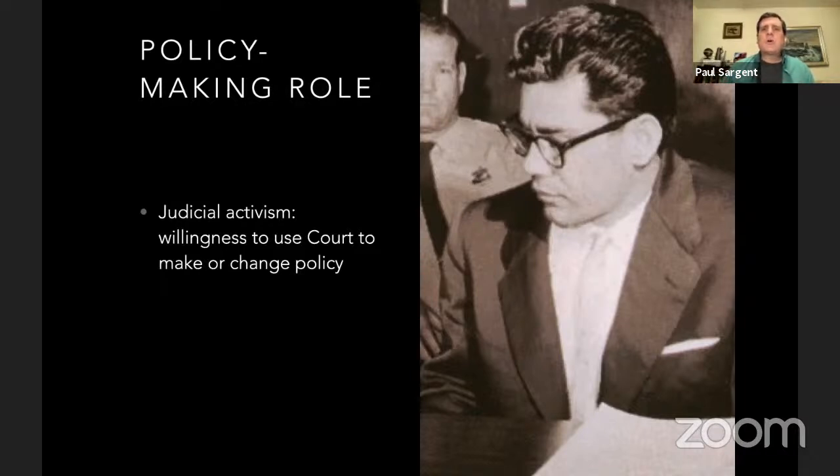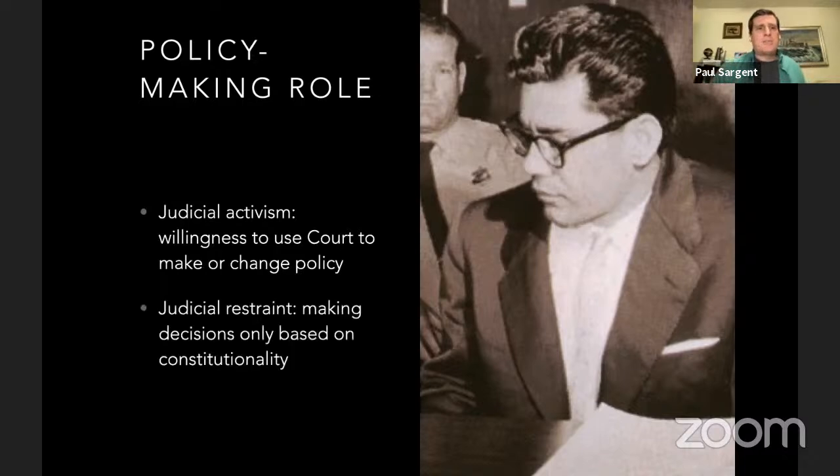And they can use court decisions in order to make or change policy. So activist decisions are ones which broadly interpret the Constitution and which use the power of the court to change things that maybe the executive branch or the legislative branch are unwilling to change, or maybe unable to change.